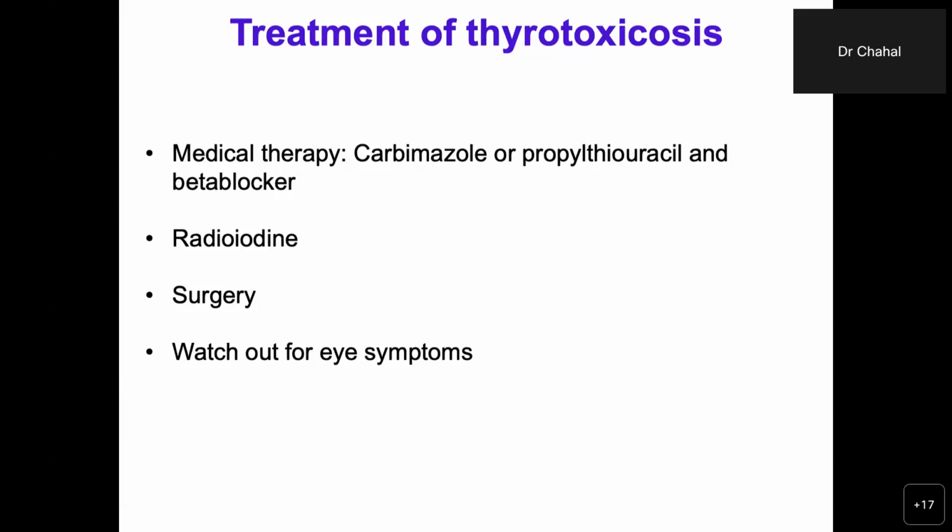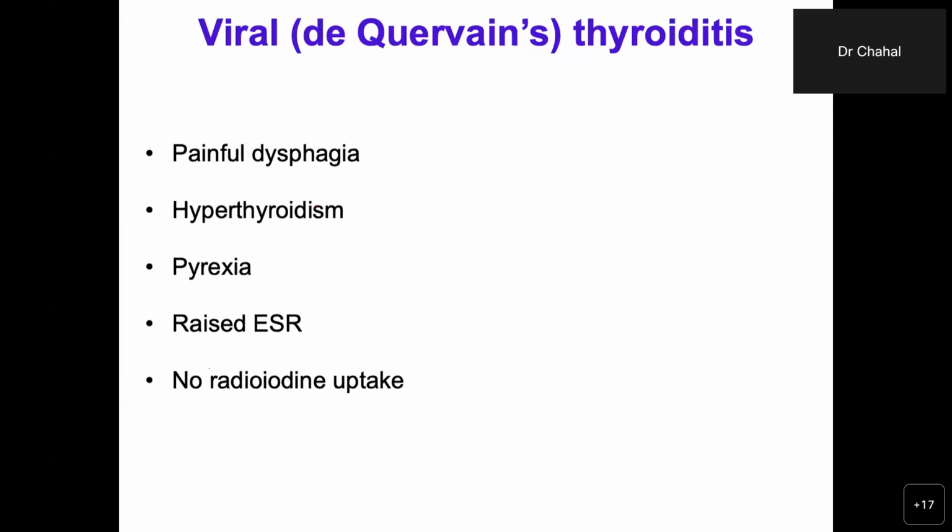So if you've got a patient who's had treated Graves' disease 20 years ago, but comes to you with gritty eyes, diplopia, that patient needs an urgent ophthalmology assessment just to see if they've now developed Graves' eye disease. Normally, the Graves' eye disease tends to occur at the time they've been diagnosed with hyperthyroidism, but very rarely it can occur many years down the line.